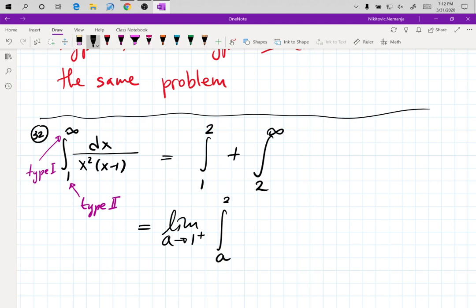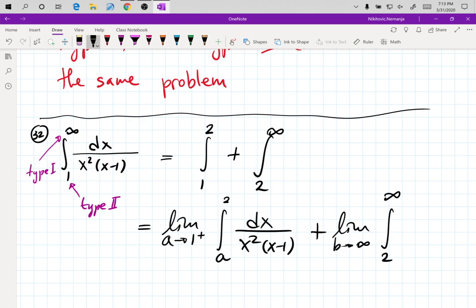Limit of the integral from a to 2 of dx over x squared times (x minus 1), plus the limit as b goes to infinity of the integral from 2 to b of dx over x squared times (x minus 1), right? So this is the proper way to do the problem.